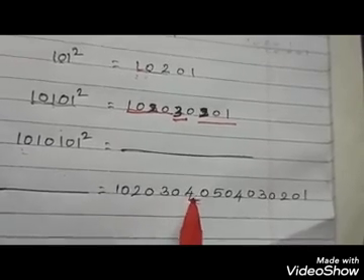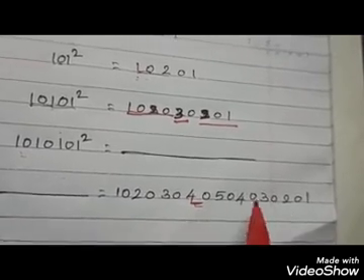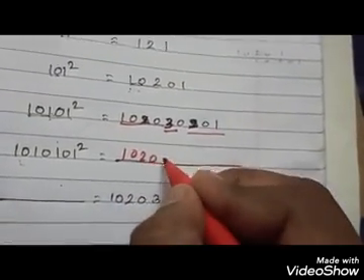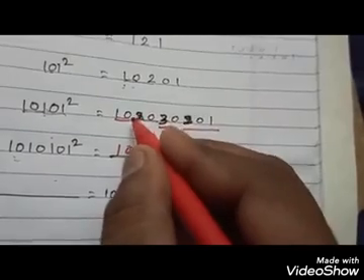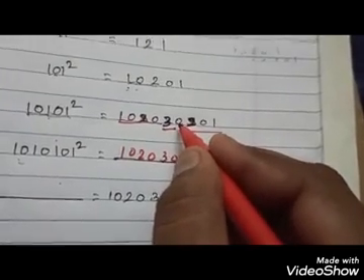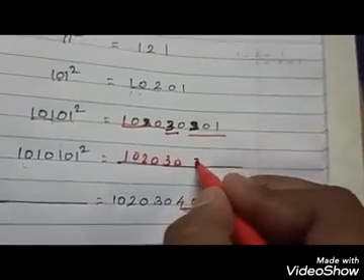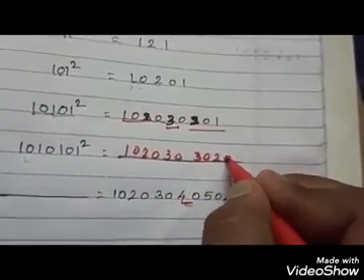This should be the pattern. So 1 0 2 0 3 0 is in the previous pattern and we need to finish with 3 0 2 0 1.